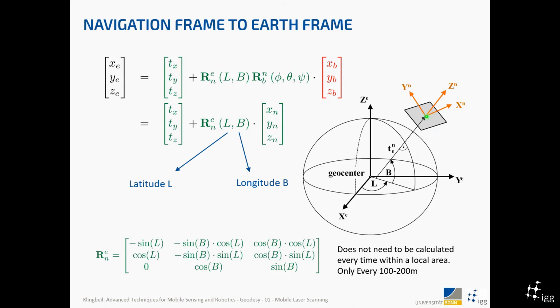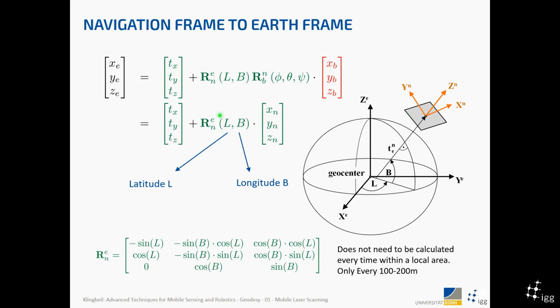Yeah, and to rotate the one into the other, we need to generate the rotation matrix, which rotates that plane here so that it's aligned with those three axes. The parameters to do that depend only on the position on the Earth, so the position of that navigation system, right?